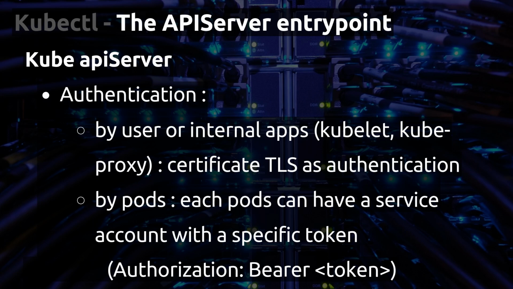This is really, really important. TLS certificate is a very usual mode to be authenticated with the Kubernetes cluster. In the same way, many components in the Kubernetes cluster, for example the kubelet or kube-proxy, use this method to be authenticated through the API server.